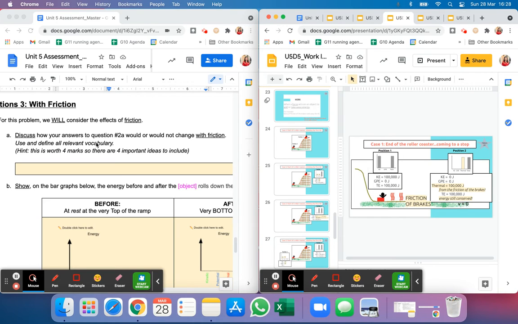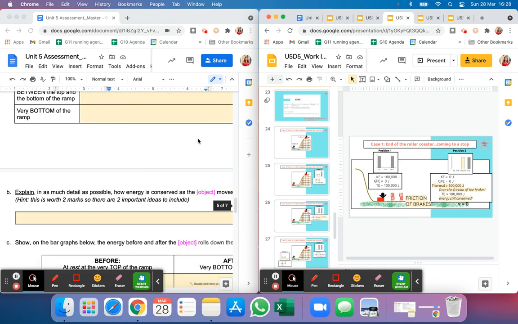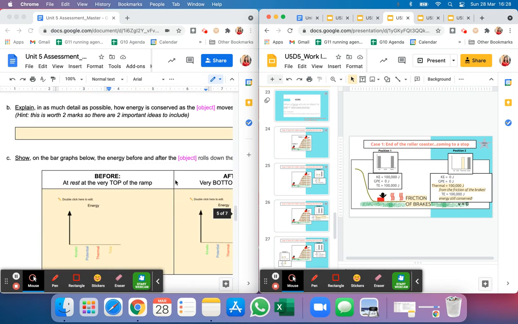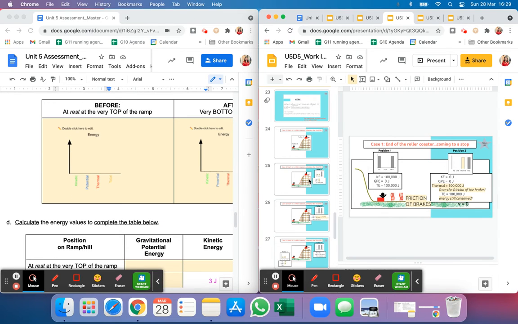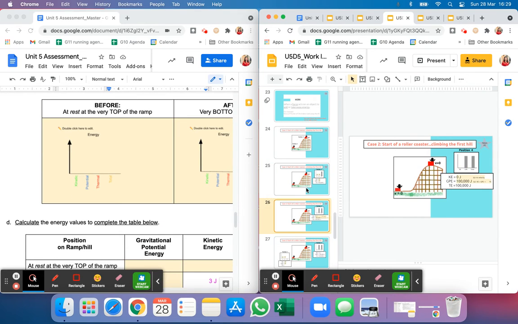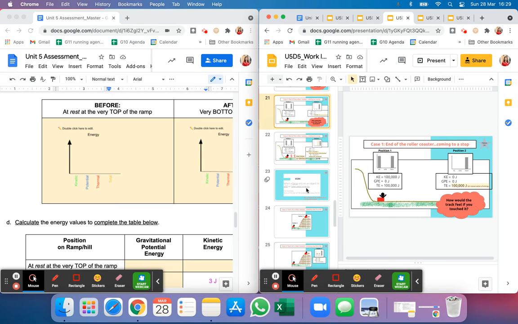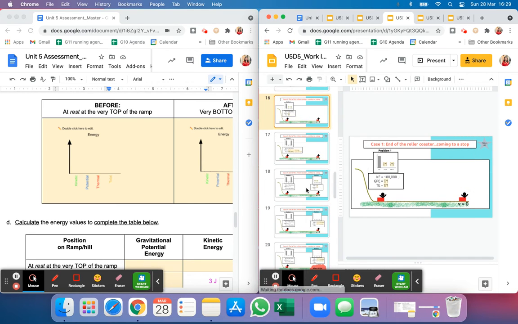So in A, discuss how your answers to question 2A would or would not change with friction. And remember in 2A, you were talking about types of energy present. You hopefully saw that as the object was moving down, just like we saw here, you would have friction as you move down a ramp.